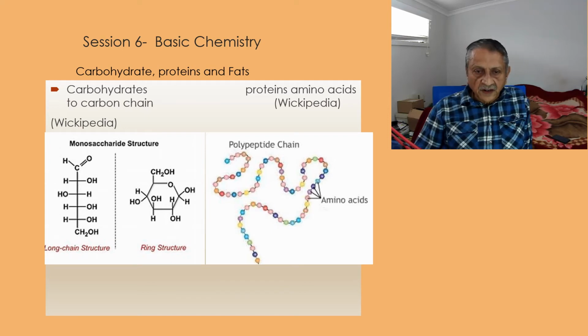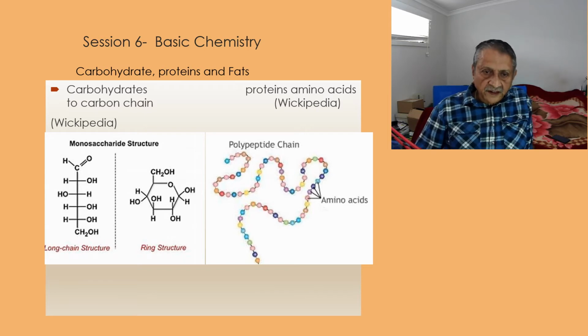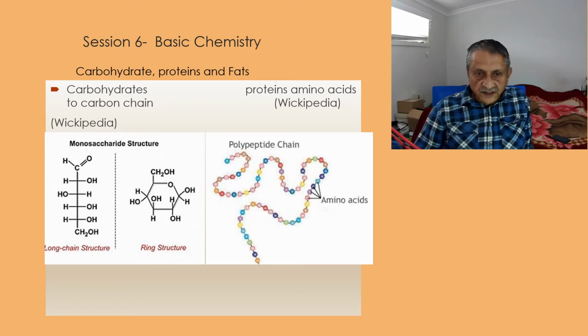Now, each of the colored balls are different types of amino acids. They are linked together to form your polypeptide chain, and the polypeptide chains can link together further to form a protein molecule, which can be thousands of chains of polypeptides.